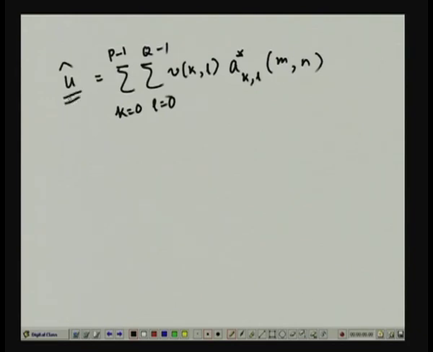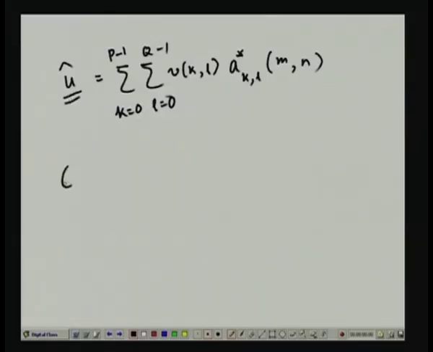Obviously, this u hat is not the exact image, it is an approximate image, because I did not consider all the coefficient values. The sum of squared error is given by epsilon square equal to the summation over m, n varying from 0 to n minus 1 of the square of u m n, that is the original image, minus u hat m n, which is the approximate reconstructed image.